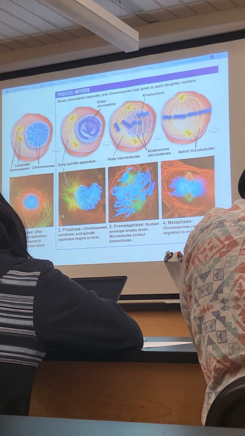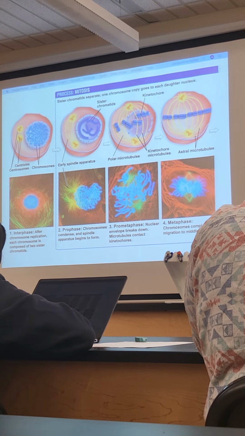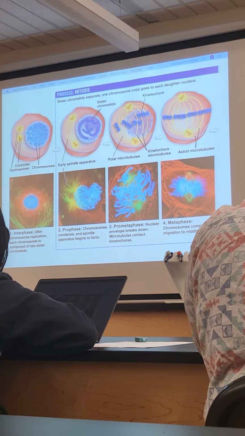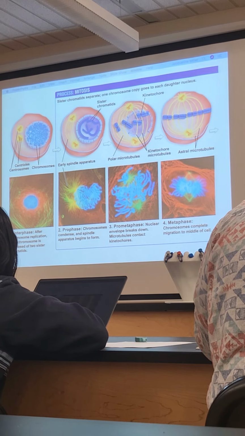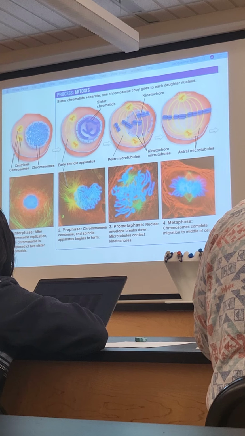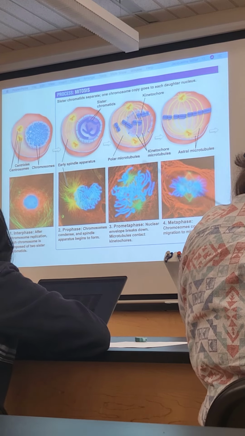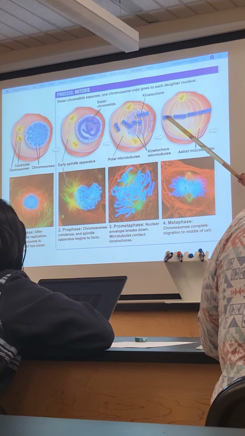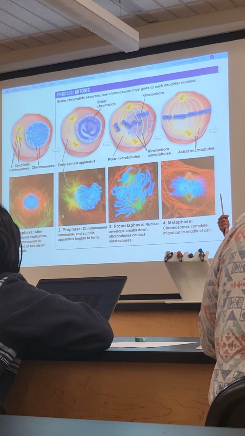The chromosomes lie along the center of the cell, and the spindles are attached to the, what's that called? Kinetochores, yeah. Yep, okay, so you have complete attachment, it's called a bipolar attachment, when there's tension on both sides.